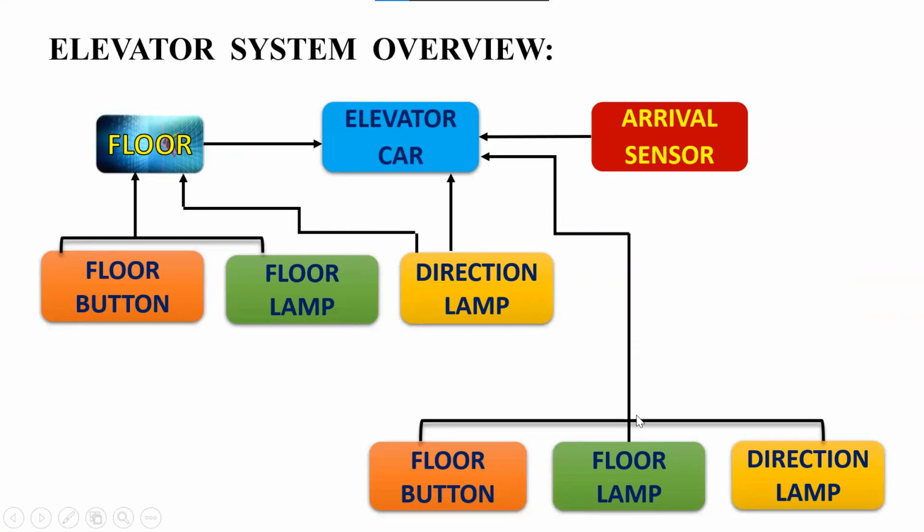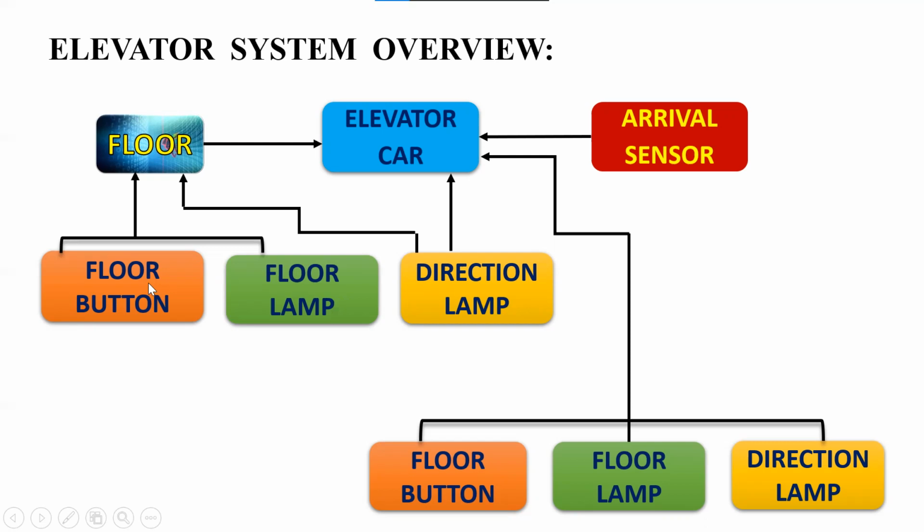If the elevator is moving in the upward direction, then the upward direction lamp will glow, and if the elevator is moving in the downward direction, the downward direction lamp will glow. This indicates to which floor we are moving. The floor button is used to give the input or a request to which floor we want to move.